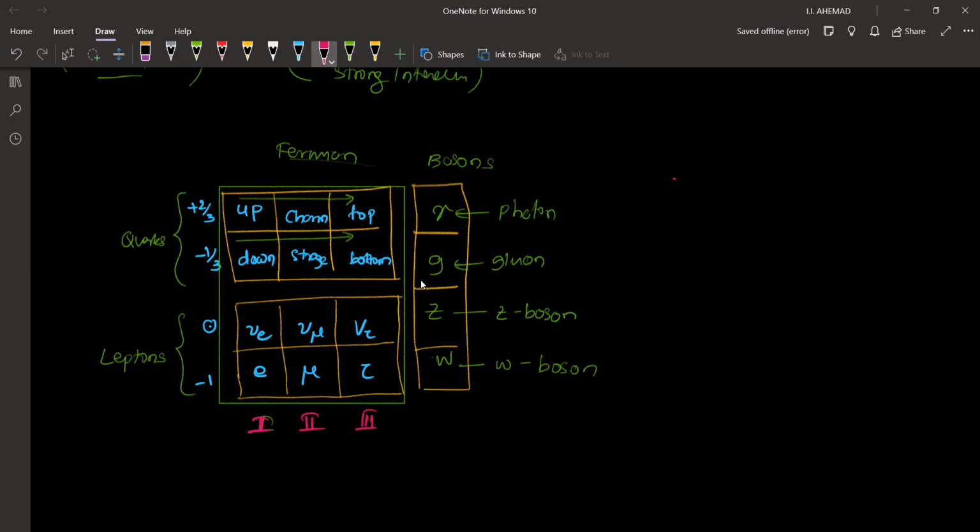The second and the third generations are unstable. You only have to know about the first generation. The first generation is the only stable one.